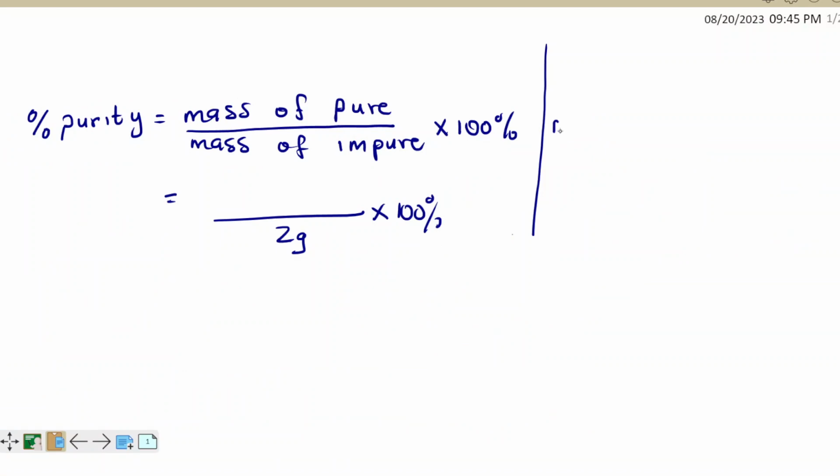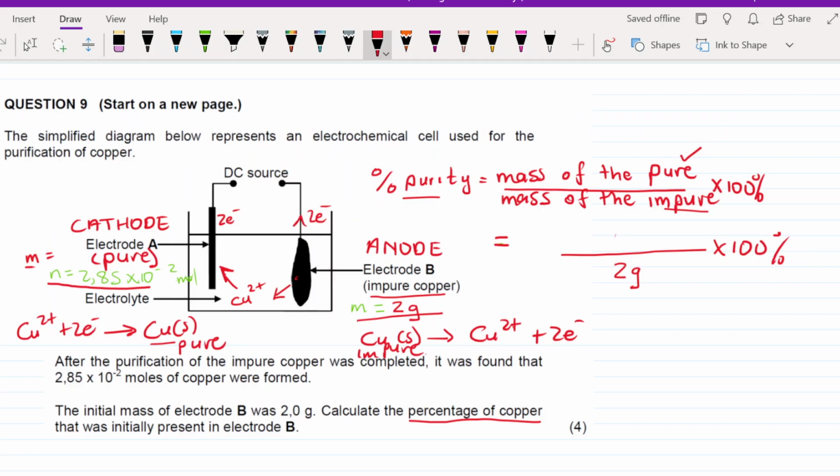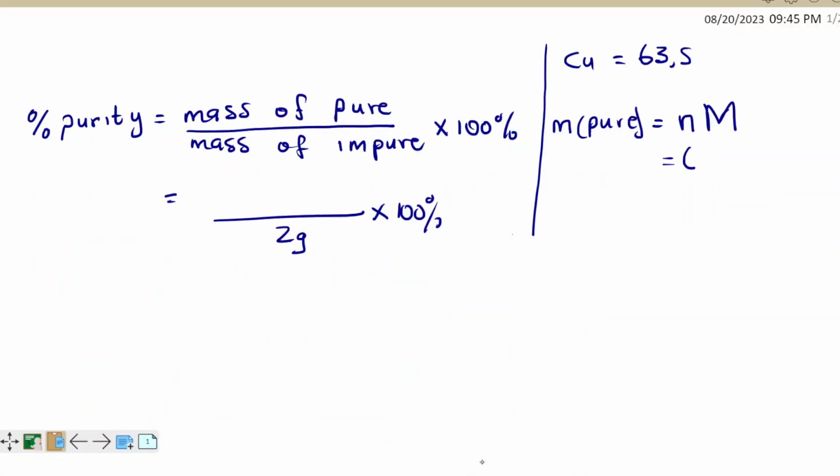Let me quickly do the mass of the pure. The mass of the pure is equal to the number of moles multiplied by the molar mass. Remember, here we are dealing with copper, and on the periodic table, copper is 63,5 grams per mole. That is the molar mass of the copper. The number of moles they gave us is 2,85 times 10 to the power minus 2, multiplied by 63,5.